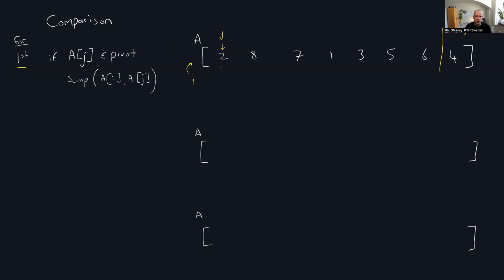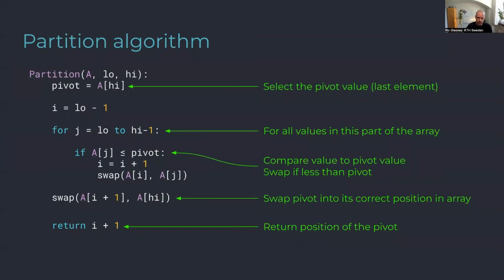So we're going to ask, is 2 less than the pivot? Yes, it is. If this is less than the pivot, then we need to swap. But remember from the algorithm, and I should have this on screen, we increment i if the current number is less than the pivot. So we go from it starting off as -1 to becoming 0.